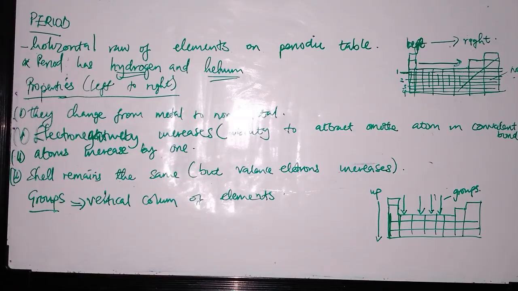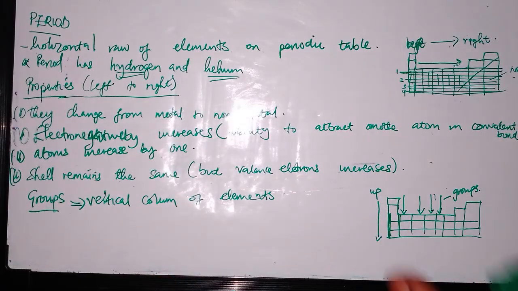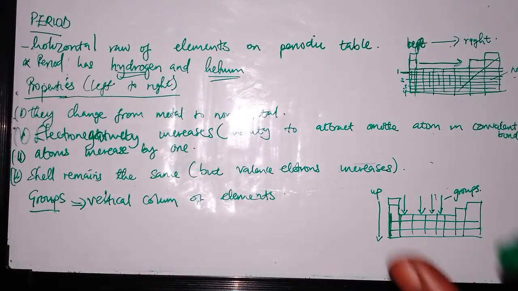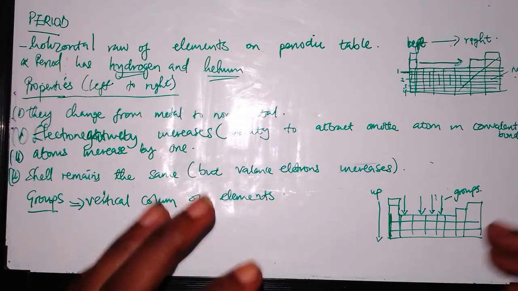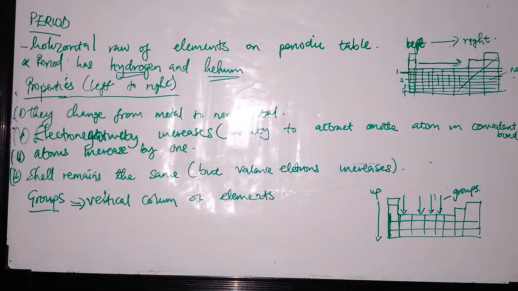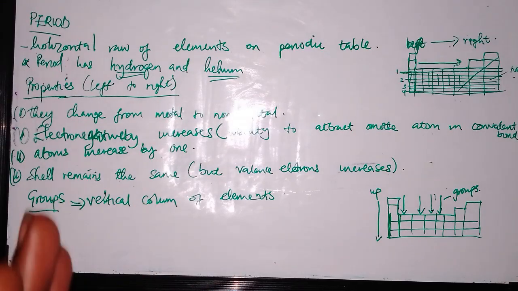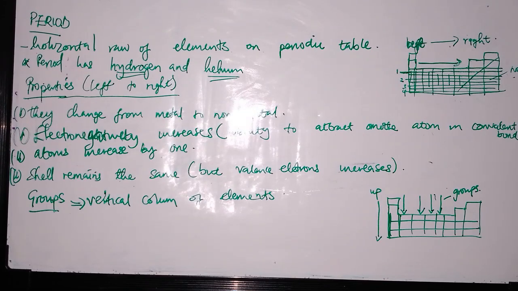So I need you to understand this. This is the simplest way I can teach you on the periodic table. So remember, when you are looking at groups, they are going from up to down. Then when you are talking about periods, it is what? Horizontal. Yeah.